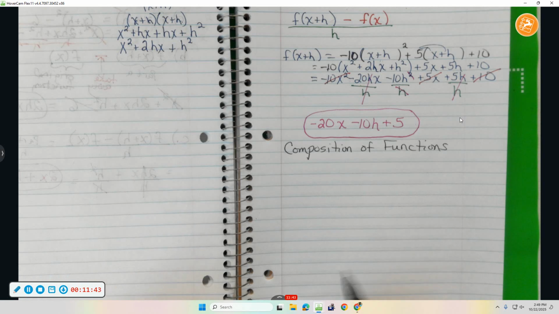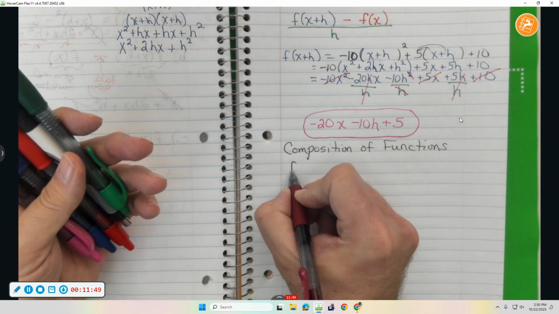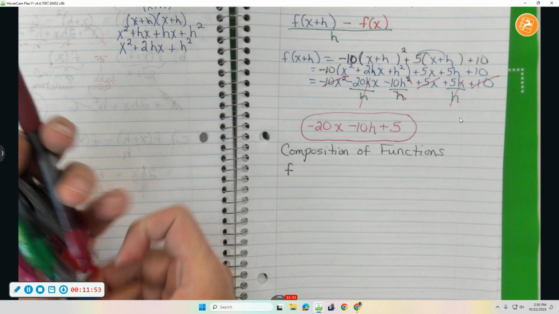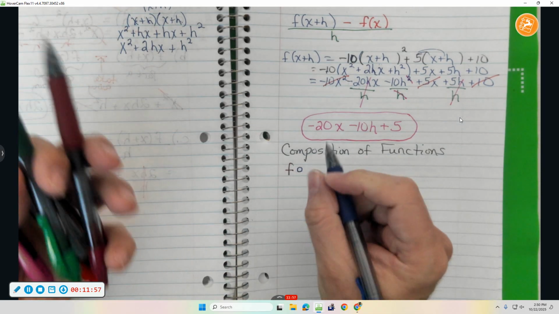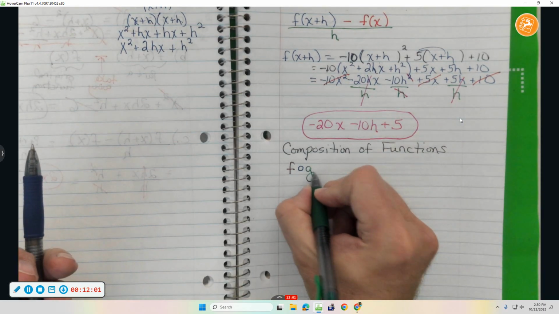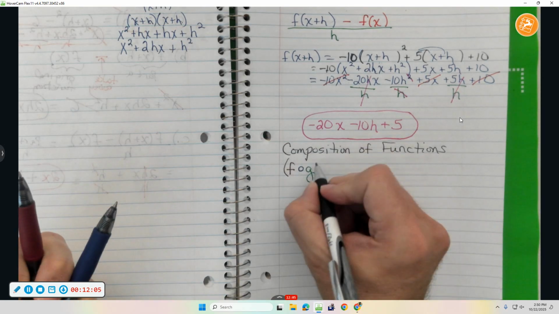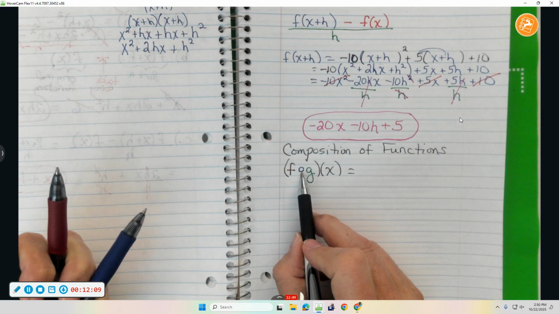You can't talk about 3 composed with 10. I'm going to write, it's going to look like I'm writing fog. F, and then it's a little open circle, G of X. I'm defining what I mean by this little open circle.